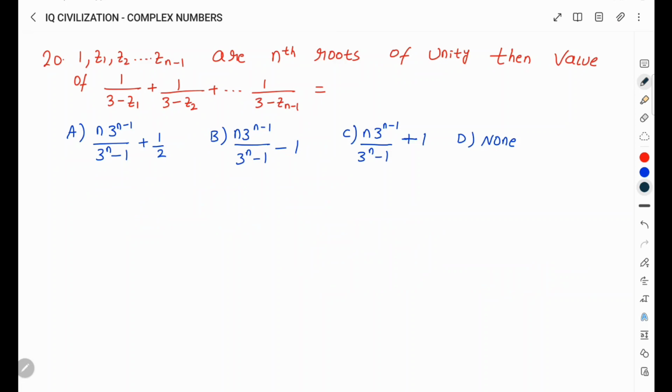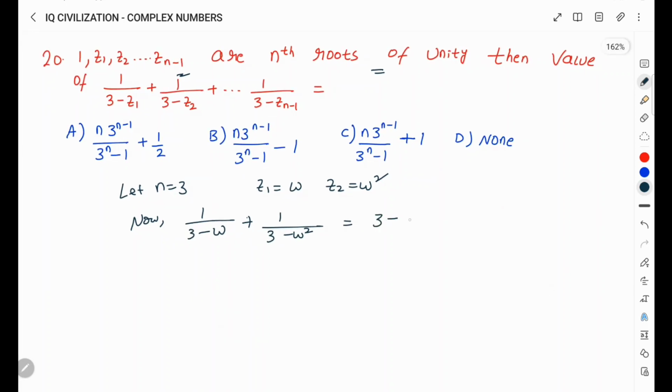Next one. Okay, see. If 1, z1, z2, and so on up to z(n-1) are nth roots of unity. Again, same story. I will take n equal to 3. Then z1 is equal to omega, z2 is equal to omega square. So now 1/(3 - omega) + 1/(3 - omega square) is equal to, by LCM, (3 - omega square + 3 - omega)/(9 - 3(omega + omega square) + omega cube).